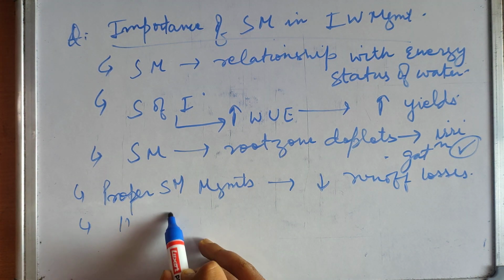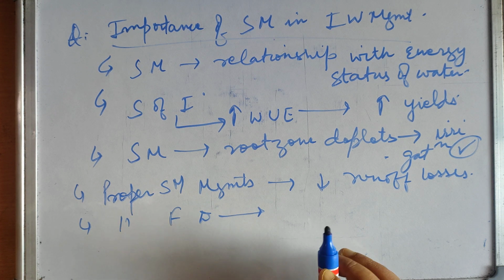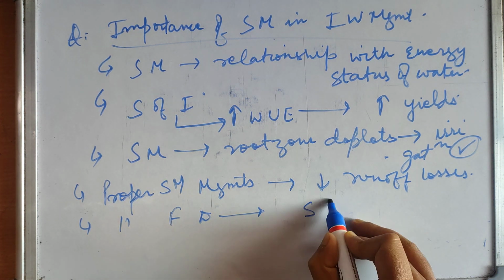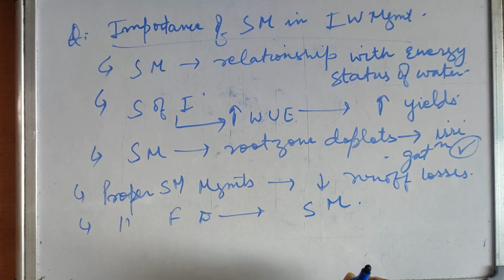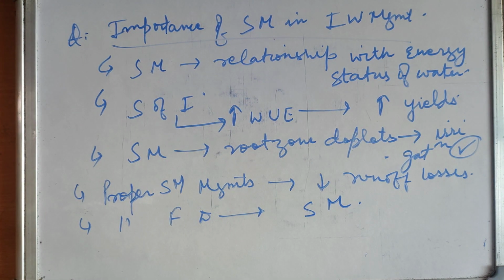Proper fertilizer distribution is also dependent on soil moisture. So presence or absence of soil moisture can be managed by irrigation. When soil moisture is low, we need to manage it through irrigation. So these were the importance of soil moisture.